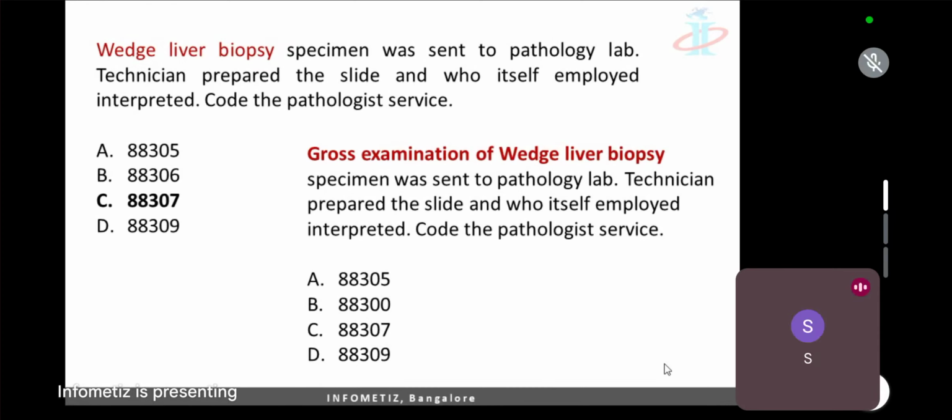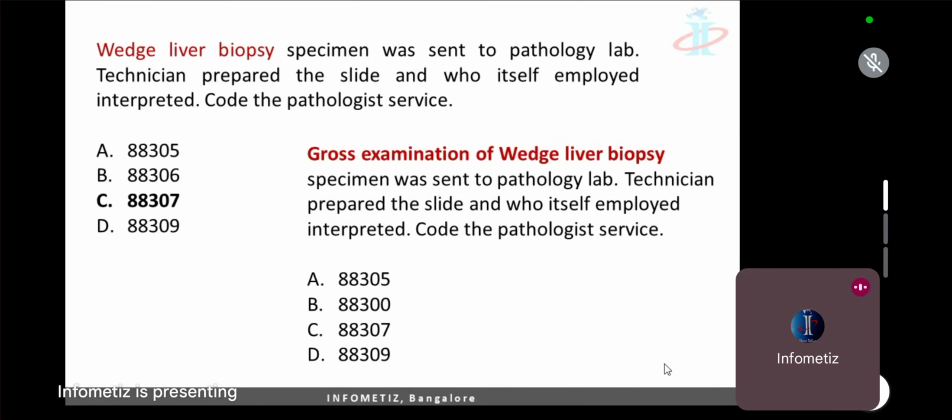Okay? Sir, for 88300, in that they have not mentioned the organ's name, right, sir? That's all. Anything which is documented in 305, 7, 9, 4, anything which is only gross is 300.